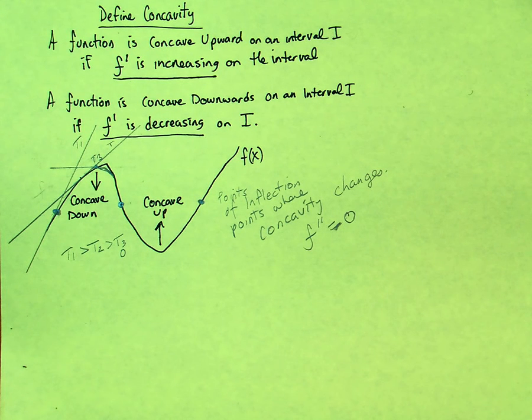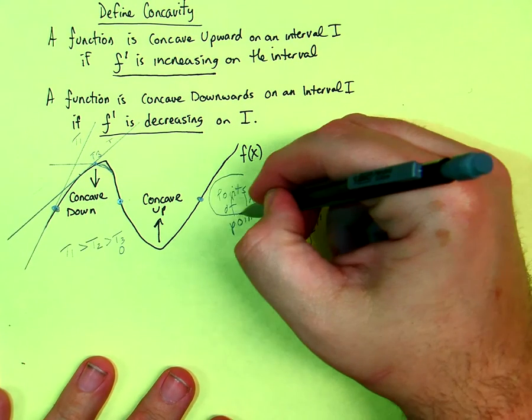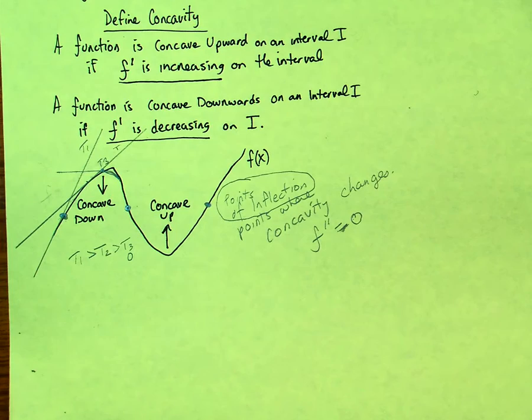So instead of talking about critical values, we're talking about points of inflection. They are what critical values are to the first derivative, but for the second derivative. However, they are not critical values. So do not mess them up, because if you do, then you're looking for totally different things.